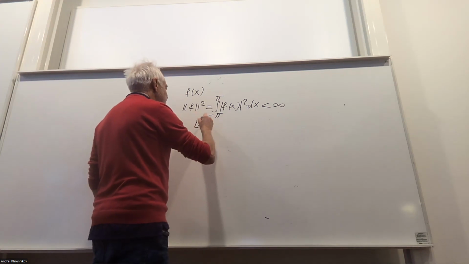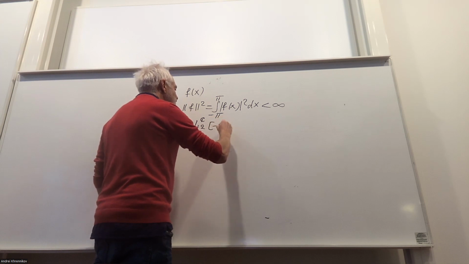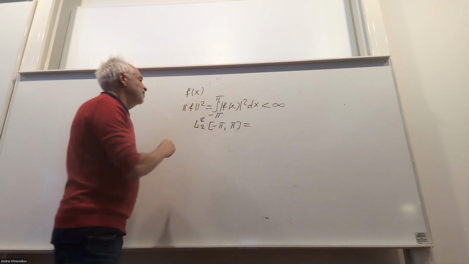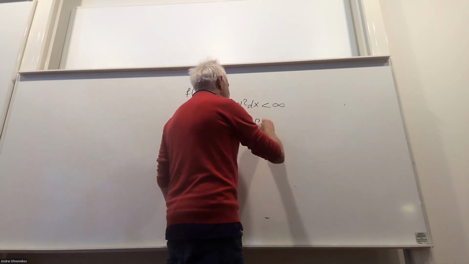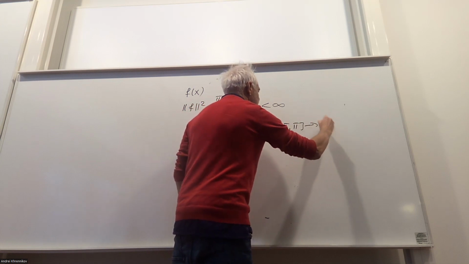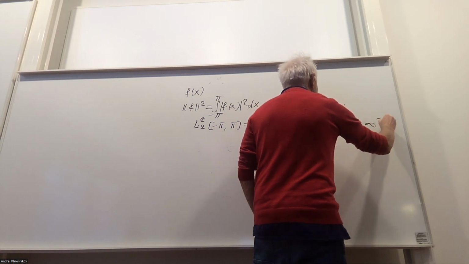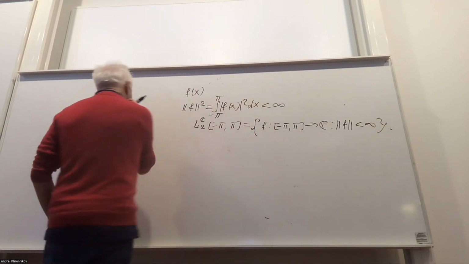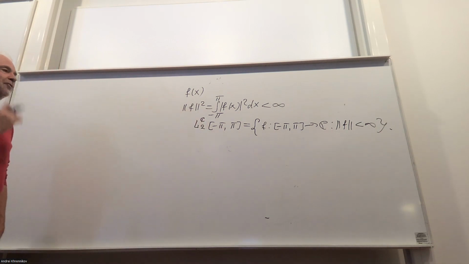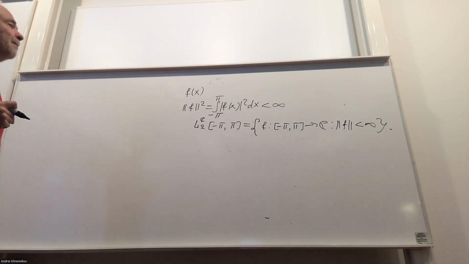So we can consider L2 of complex-valued functions from minus pi to pi. So these are functions with complex values which satisfy this condition. We shall not in future write this C, so functions would be complex valued. Also, in practically all examples, functions would be real valued.